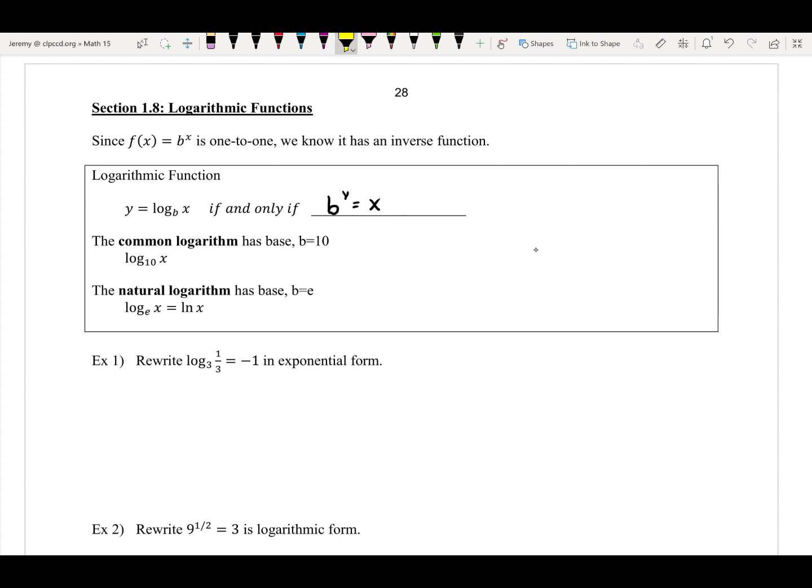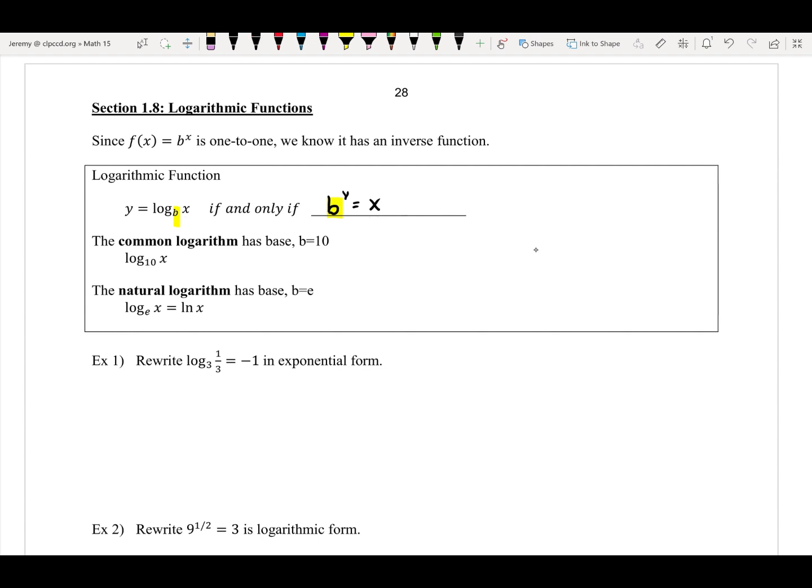So the base is equal to b. Notice that the base in the logarithmic form appears down here underneath, kind of subscript to the word log. And then x, what used to be the input for our logarithmic function, is the output for the exponential.